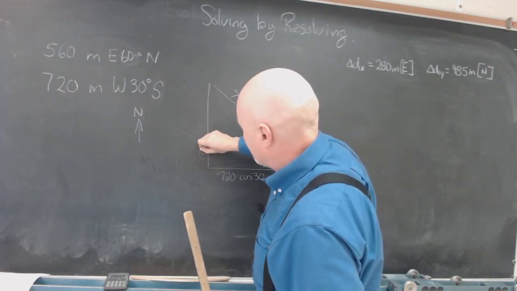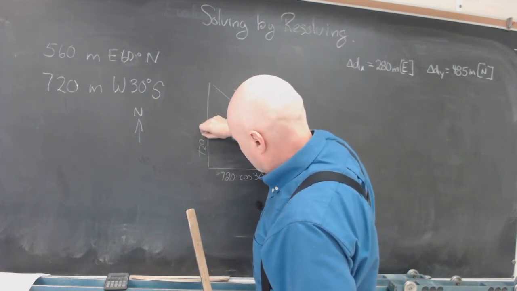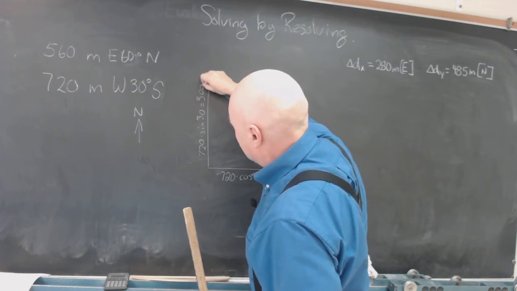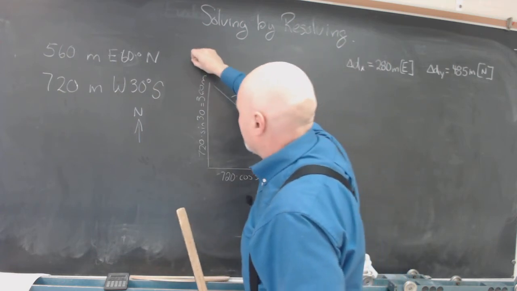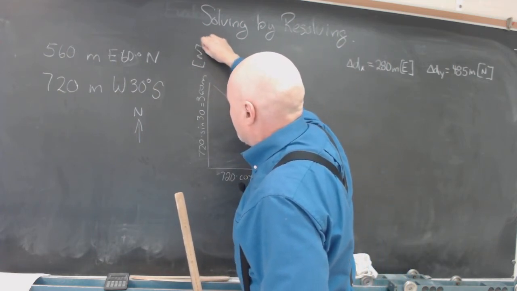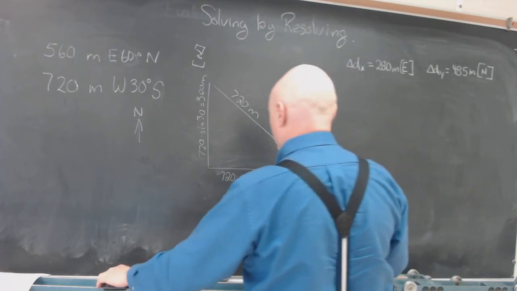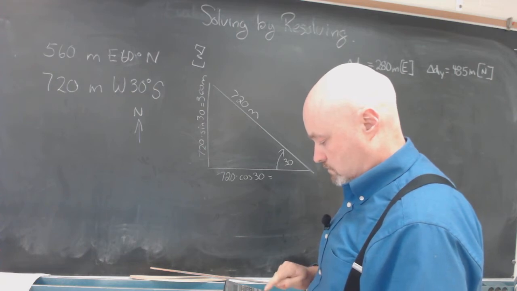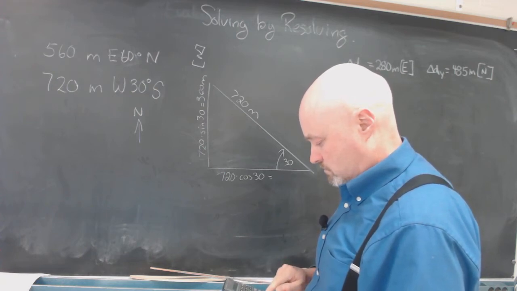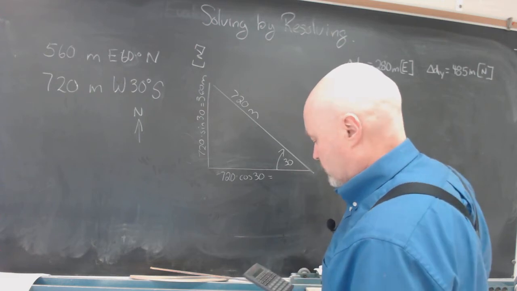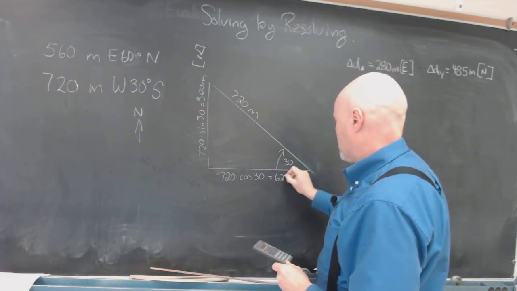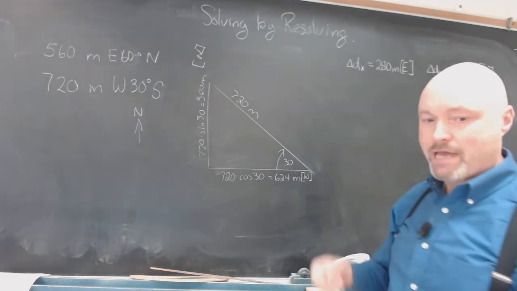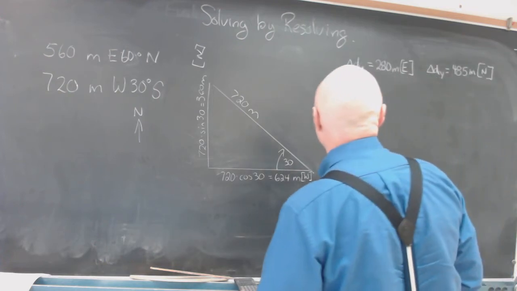And this side's going to be 720 times the sine of 30, which is 360 meters. And that's going to be to the north. And 720 times cosine of 30 is 624 meters to the west. And so now I have the components of that second displacement.